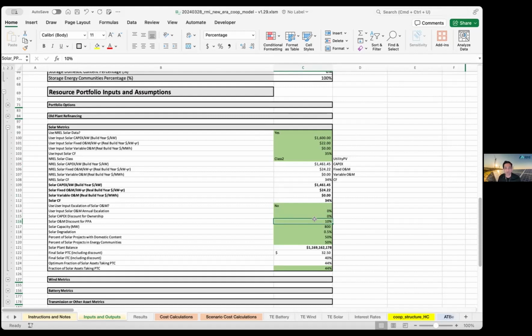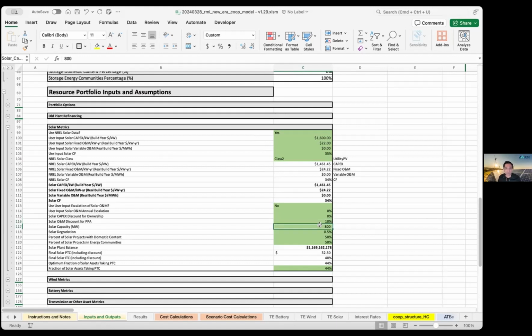And so you can either assume that there may be some difference in the O&M cost for a PPA relative to ownership. For example, if you want to own an asset, you might want a full wrap so that you don't have to worry about the O&M. That might cost a little bit more. And so this is a place where you can incorporate that difference between the potential O&M costs for you owning the asset relative to a third party doing it.